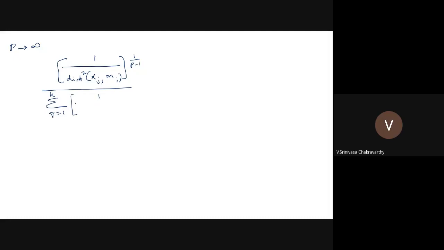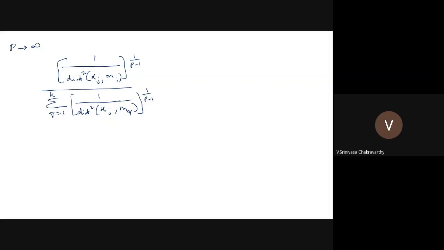So the p tends to infinity case. Let us look at this expression: 1 by distance square xj mi, this whole thing to the power of 1 by p minus 1, and in the denominator you have again sigma q equal to 1 to k, of 1 by distance square xj to all the other centroids, to the power of 1 by p minus 1.